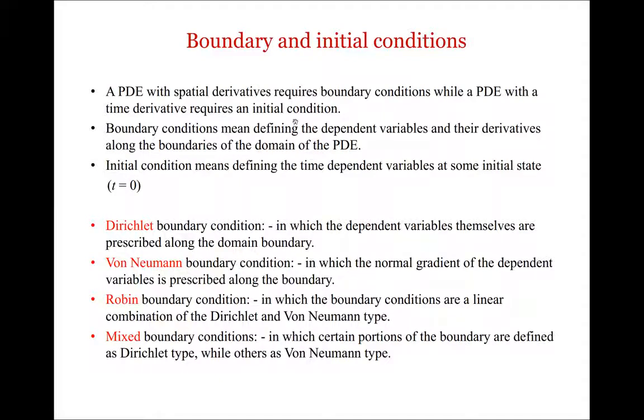So in Dirichlet the dependent variables are prescribed, and in Von Neumann the normal gradient is prescribed. Robin boundary conditions are a combination of Dirichlet and Von Neumann type, and mixed boundary conditions are those in which a certain portion of the boundary is defined as Dirichlet while the other is Von Neumann. So these are the four types of boundary conditions.